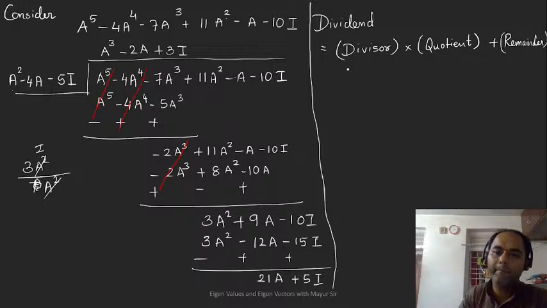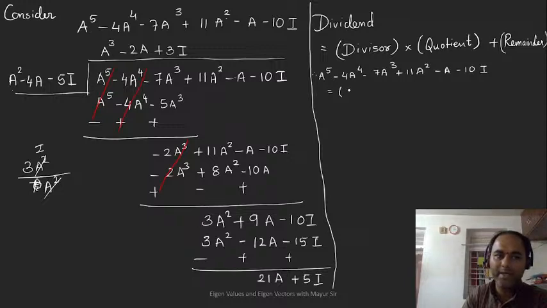So dividend is this big term that we have written already, right? That is a raised to 5 minus 4a raised to 4 minus 7a cube plus 11a square minus a minus 10i. This is equal to divisor.